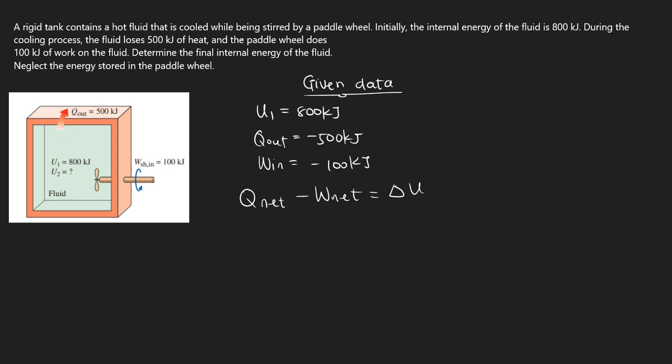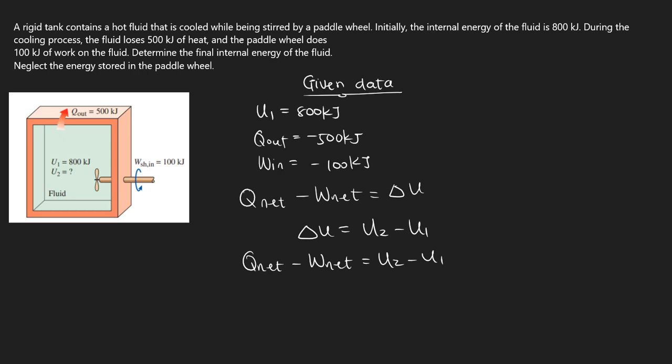Since you've been given the initial internal energy, I'm going to rewrite the change in internal energy as U2 minus U1. So the equation is Q net minus W net equals U2 minus U1.